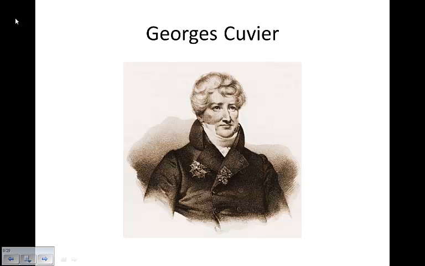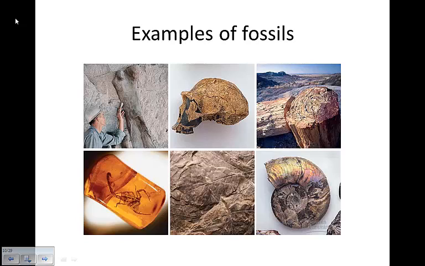All right. George Cuvier, 1769 to 1832. He was a famous paleontologist, the person who studies fossils. Paleo means old, and onto means bones, so old bones. What he found is that fossils are mainly found in sedimentary rock.